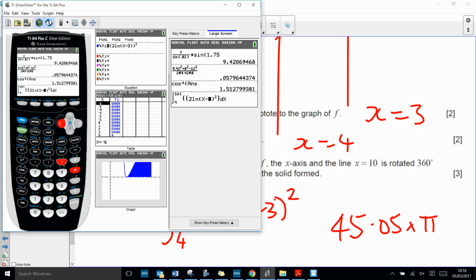I'm going to have to get rid of that initial bracket. Enter.